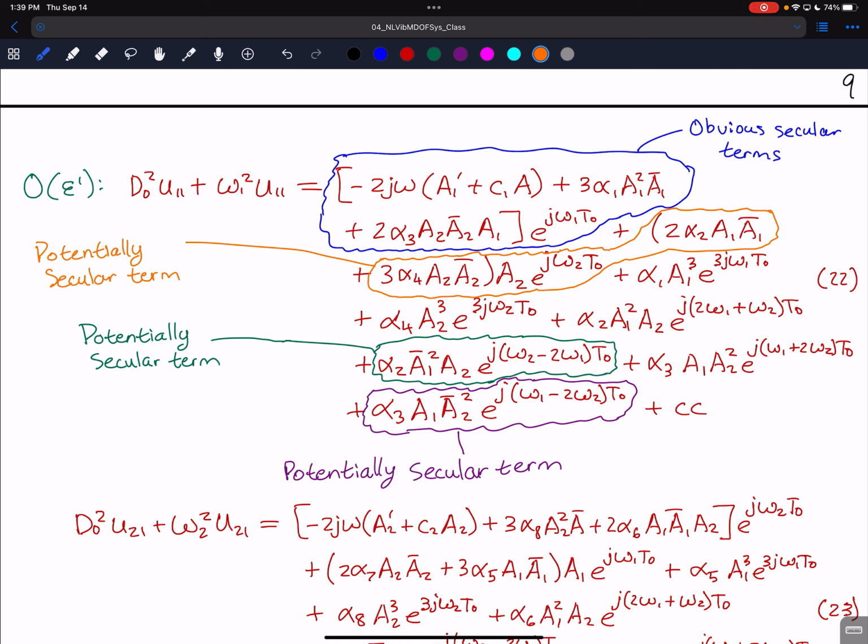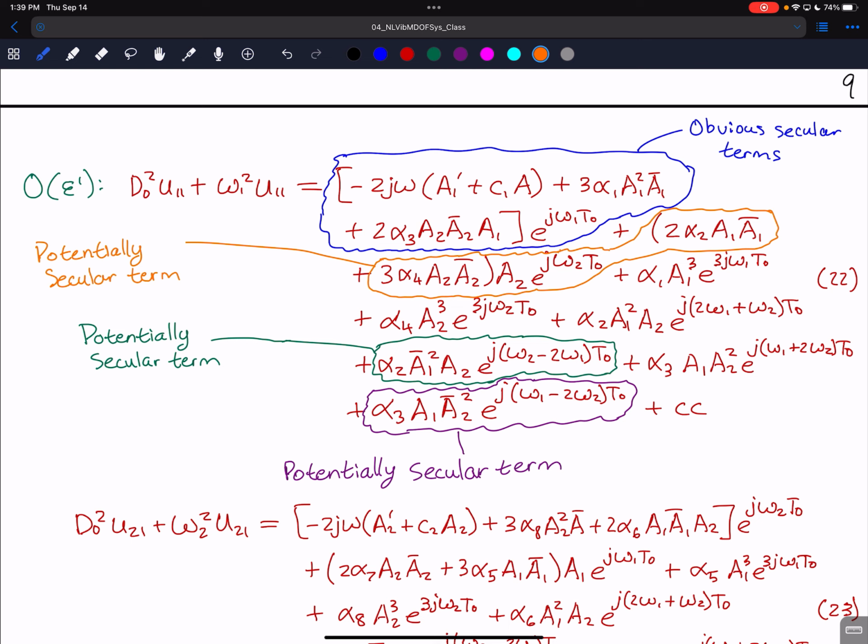Okay, so we're looking for terms that could potentially have an e to the j omega 1 t0 term, something that's forcing at the natural frequency of this mode. So this first orange term here, we have e to the j omega 2 t0. So if omega 2 is equal to omega 1, which we've already assumed is not the case, but let's imagine that it is, then that's when it becomes a secular term.